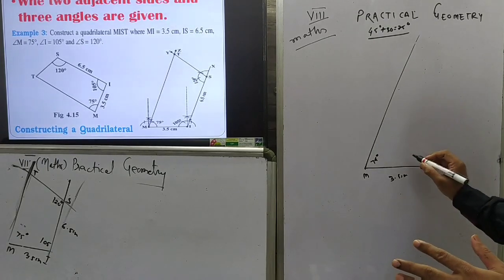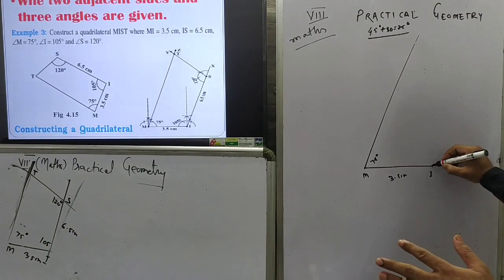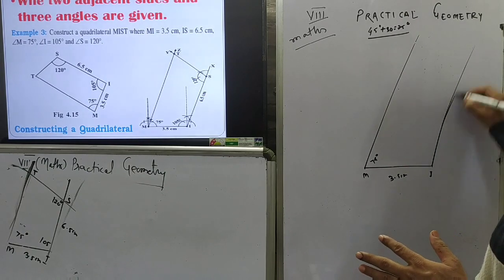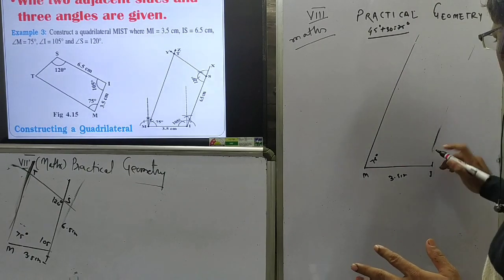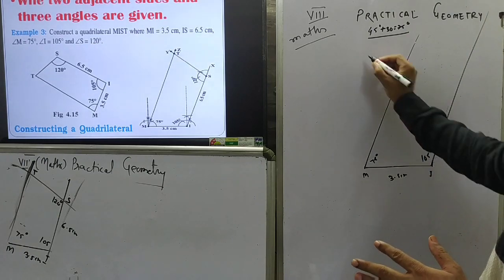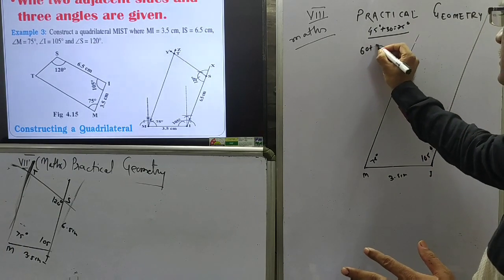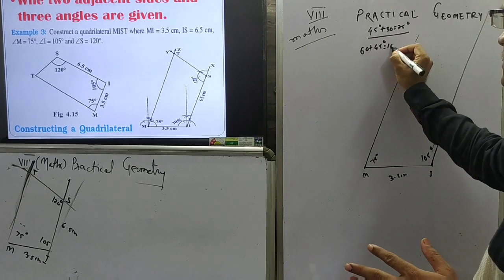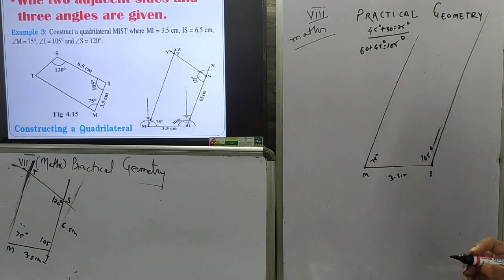Now at this I there is 105 degree. You know how to construct angle 105 degree. This is 105 degree. 105 degree means 60 degree plus 45 degree, that is equal to 105 degree.